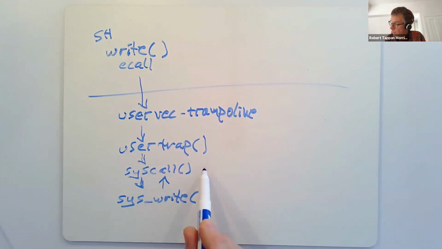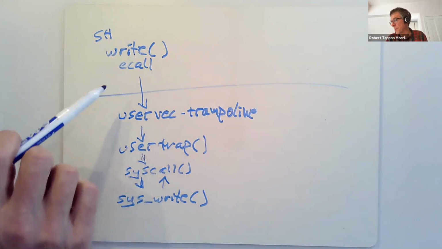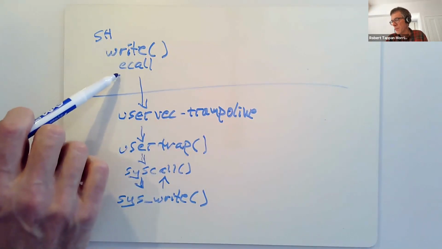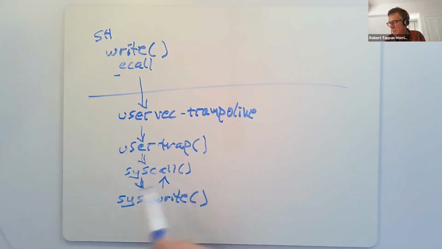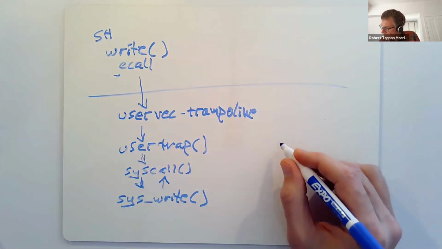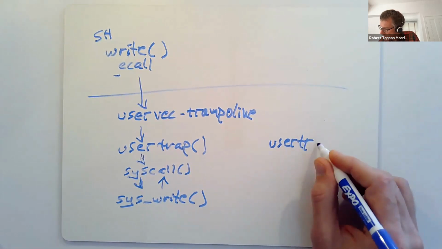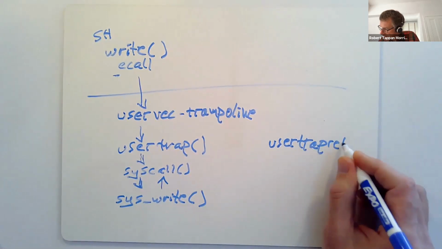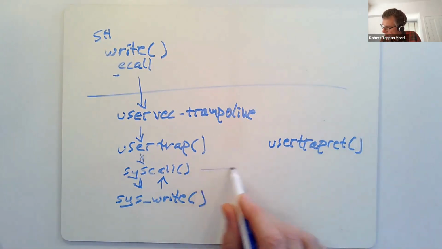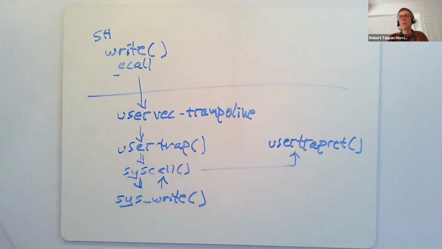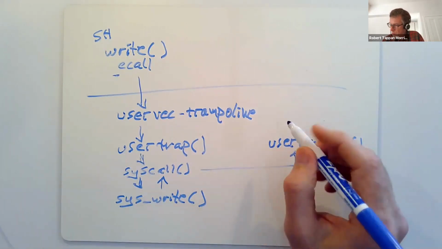And then the syscall function, in order to return back to user space, because we want to resume after this eCall, there's a bunch of stuff we'll see that has to happen in order to return to user space. So there's a separate function called usertrapret. It's written in C, it's in trap.c, that does the part of this return to user space that's convenient to do in C code. There's some final things that really can only be done in assembly code.